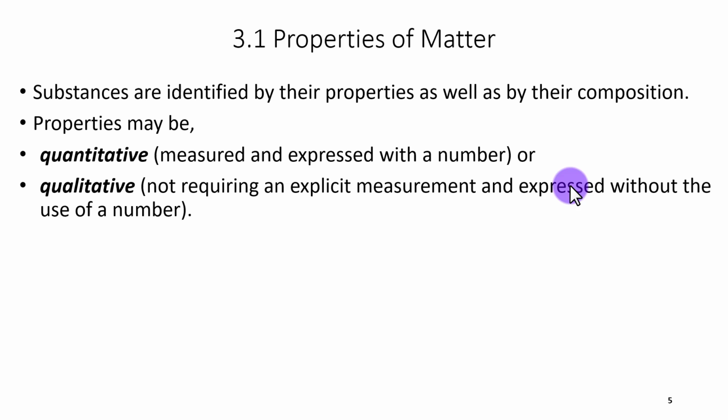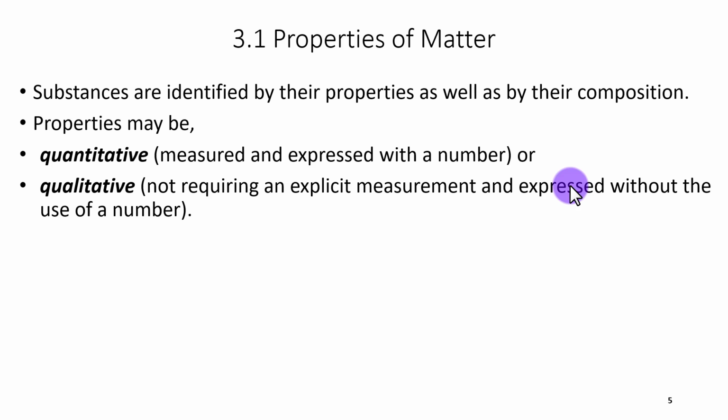For example, if I am talking about the color of a metal, I am not measuring it with a number and a unit. I'm just saying that copper is reddish in color, for example. That is a qualitative property. And I'm not measuring it with an instrument and expressing it with a number and a unit.